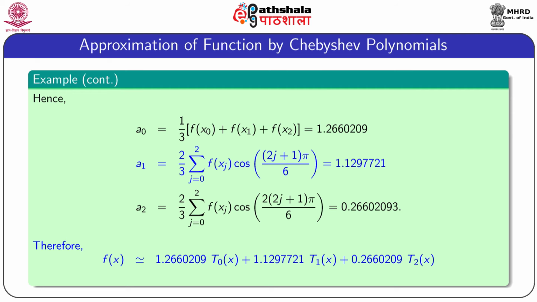And after substituting the values of T0(x), T1(x) and T2(x), this expression becomes 1 plus 1.1297721x plus 0.5320418 into x square. So, this is the approximate value of e to the power x within the interval -1, 1, and this expression is taken up to the quadratic terms, that means the second degree terms.